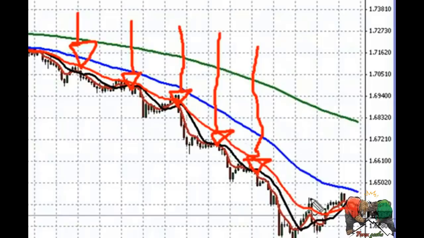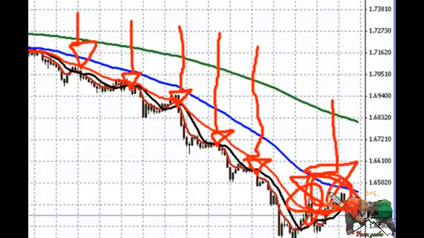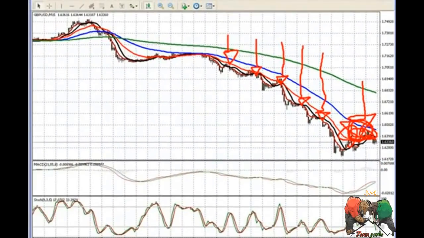And then all of a sudden in here, we're getting all kinds of crossing and braiding. This is probably your sign right now to maybe take some profit off the table, that things are maybe going to change. The reason for it is it's 7:45 in the morning right now, and New York's coming online pretty soon, and maybe they're cashing out some of their profits as well, waiting for potential news today.